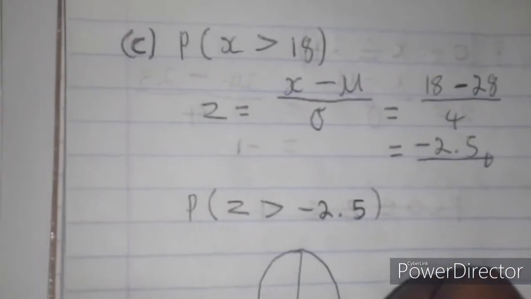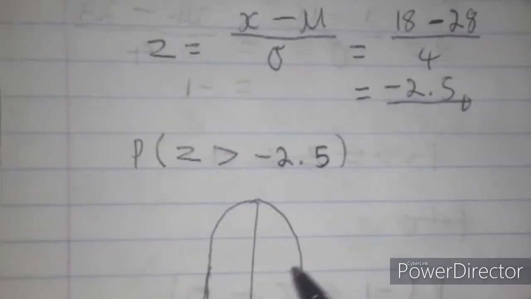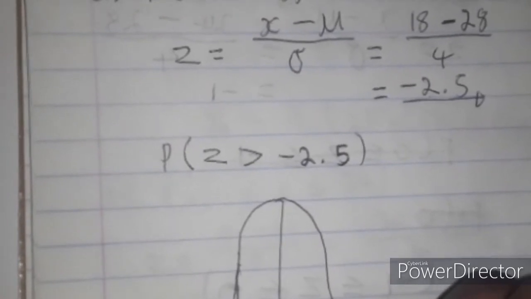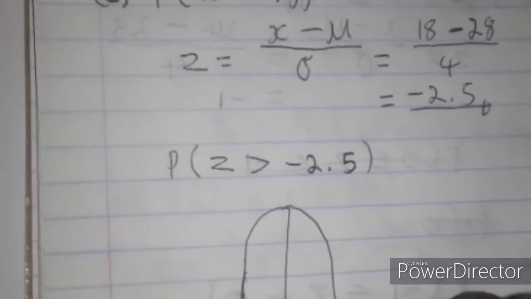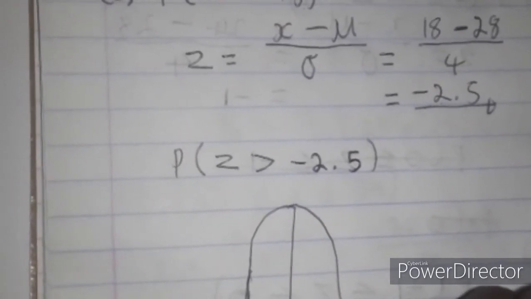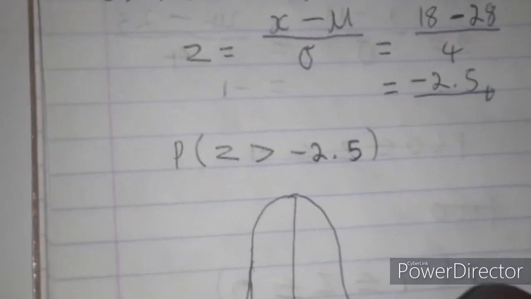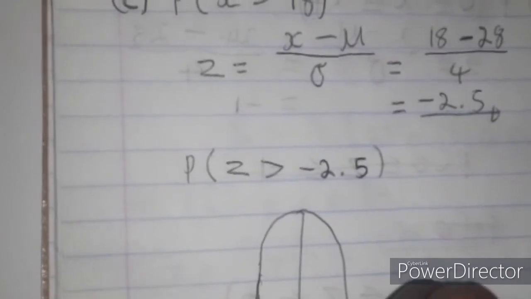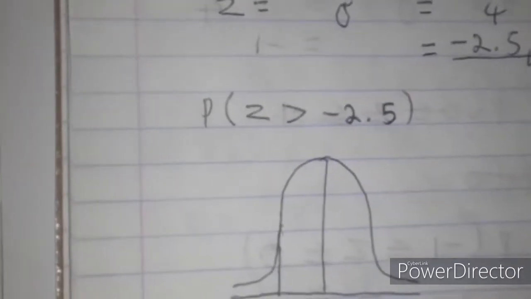So 18 months maybe is here. Zero is always in the middle. Then we put negative 2.5 here.